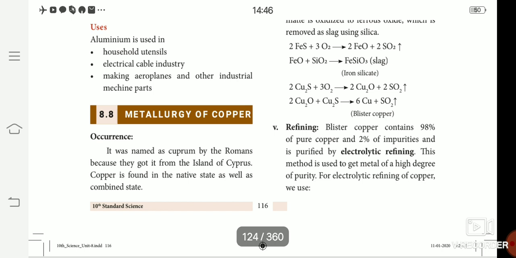So pure copper is deposited on the cathode. The process is the electrolytic refining process, used to purify impure metals. Blister copper contains 98% pure copper and the remaining 2% impurities, which are purified by electrolytic refining.